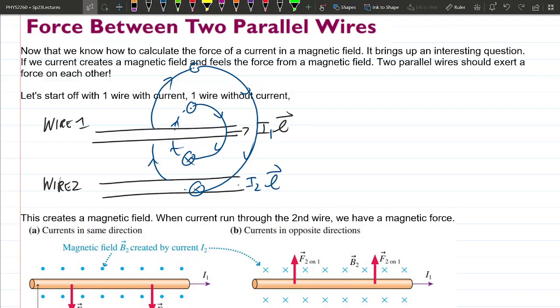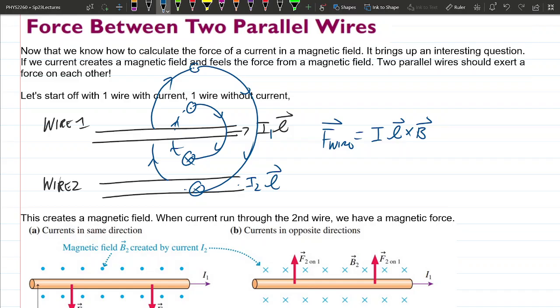What happens then is, now that you have a current in a magnetic field, there's going to be a force on it. In fact, if the current was going to the right, once again we're going to use the magnetic force on a wire, which is the current magnitude times the length vector of that wire, cross-producted with the magnetic field.